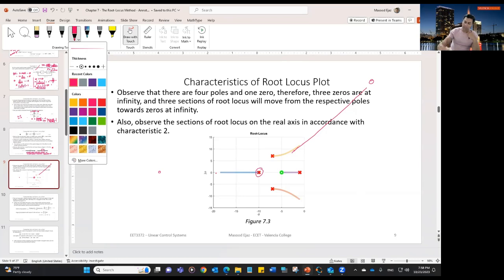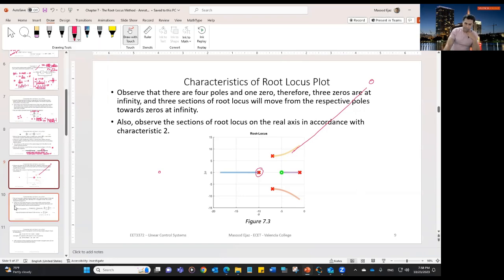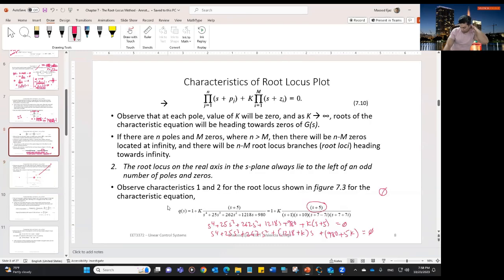So once again, if you're drawing freehand, of course; with a computer, you don't really need to do that. But this is one of the things you have to be careful about: which sections of the real axis are part of the root locus. And again, as I said, you don't have to do it freehand. You're using computers anyway.